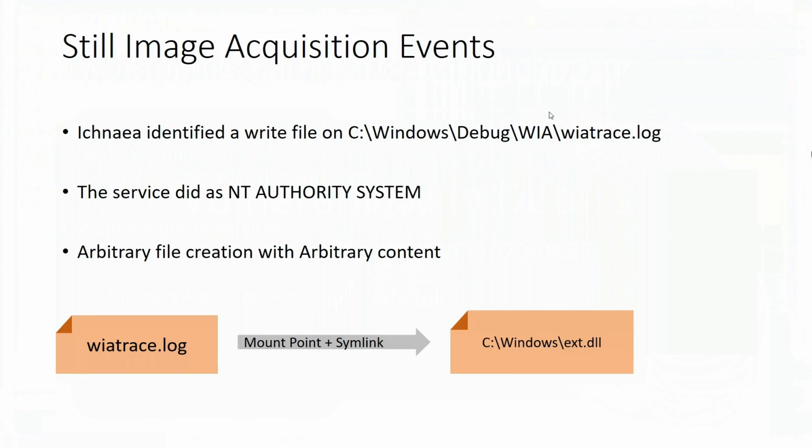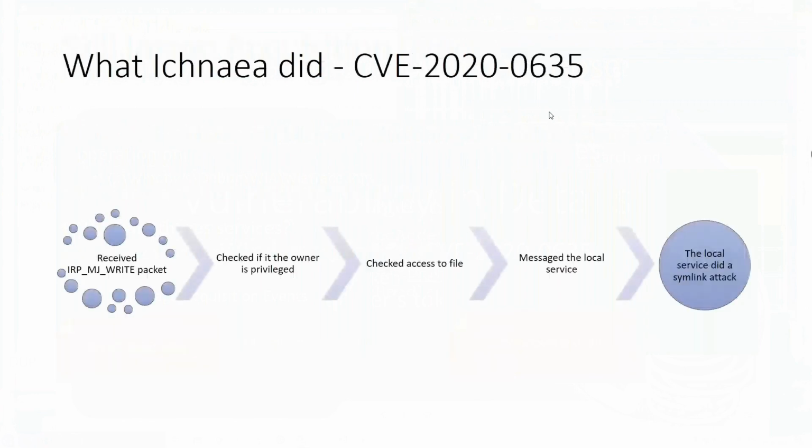the possibility to change its ACLs because the service continues to change the ACL of WER trace log to be accessed by any user, which is a rather odd thing. So we just got an AMJ write packet. We checked if the owner is privileged, which was indeed this case in this service.